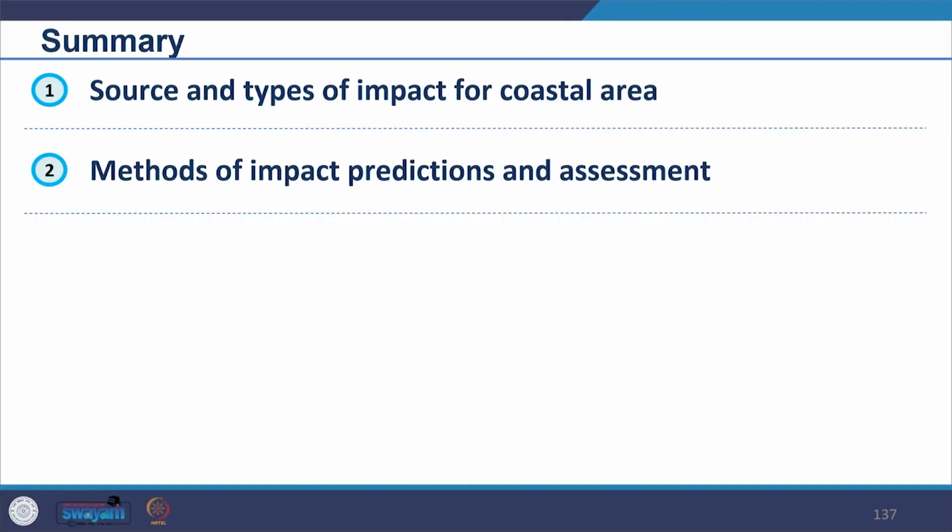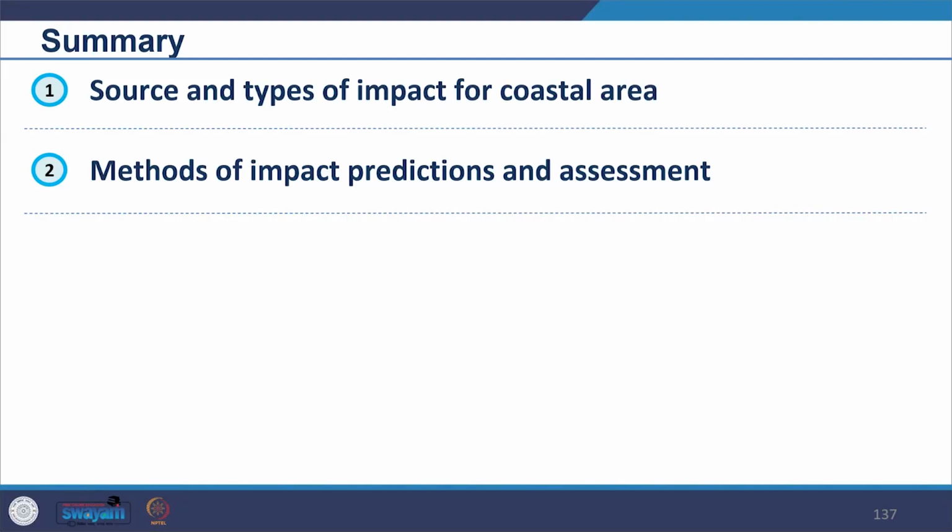So that is what we saw about coastal areas: the different impacts, what kind of models are used, and what kind of questions you ask to really see the impact magnitude and significance, and the sensitivity of the receptor. So what did we cover today? We covered the sources and types of impacts for coastal areas, then we looked at the methods for impact prediction and assessment.